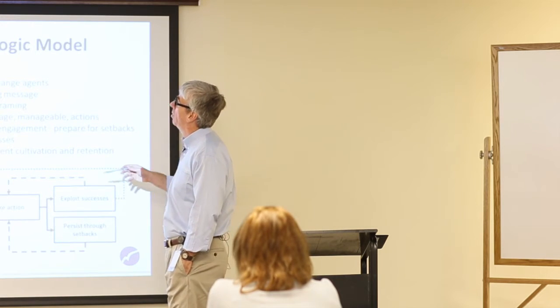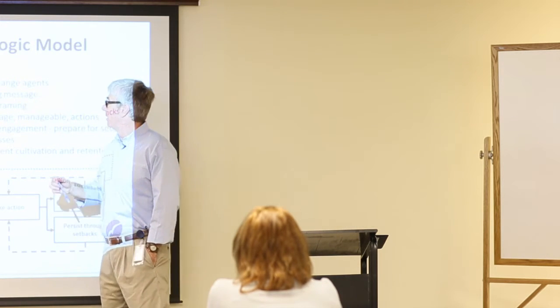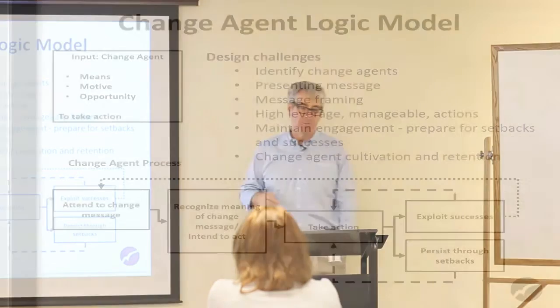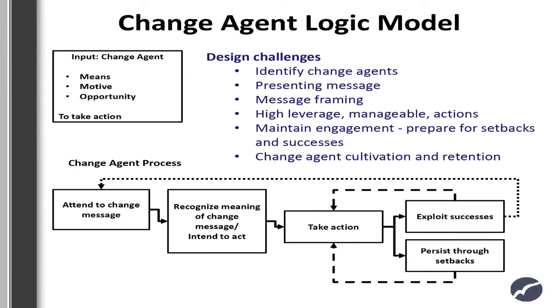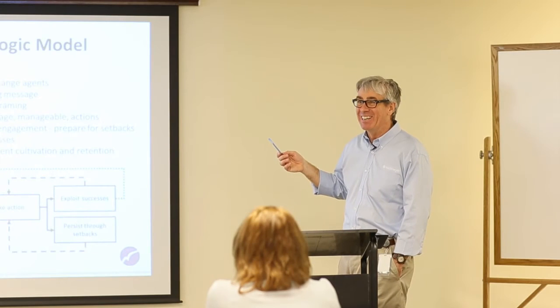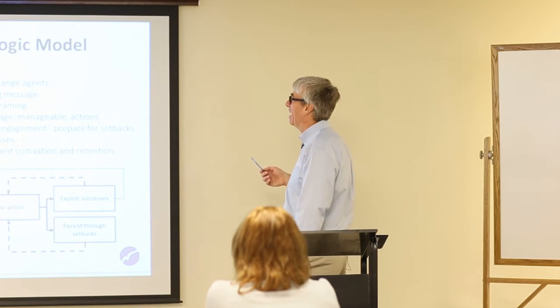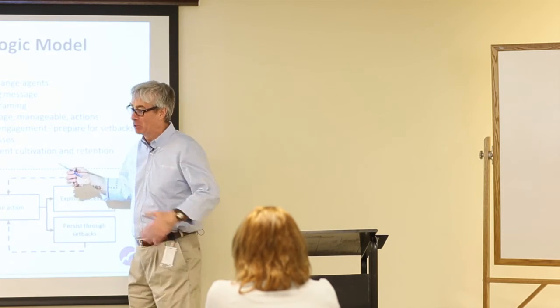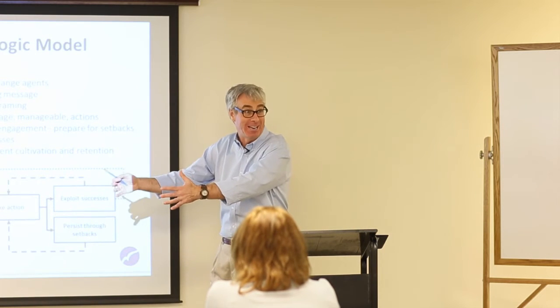So the design challenges, I think, involve, we have to answer. We've got to identify who the change agent is. Okay? Now, in some sense, we don't get to choose in every sense. So sometimes it's like, okay, so you're the change agent I've got.